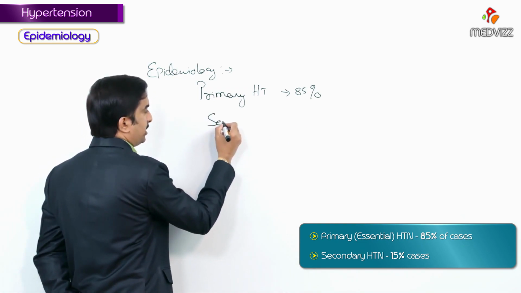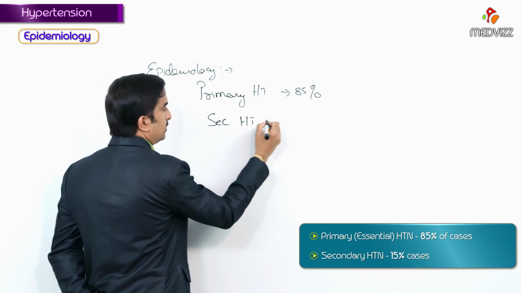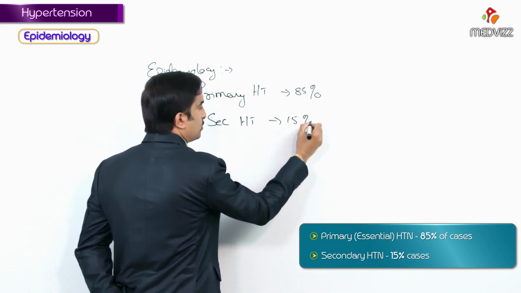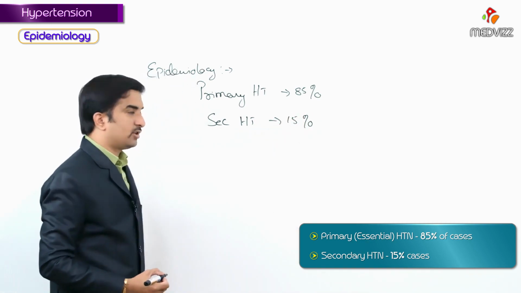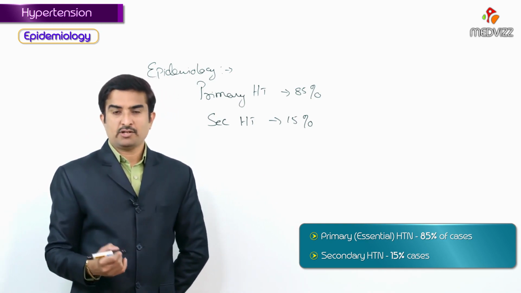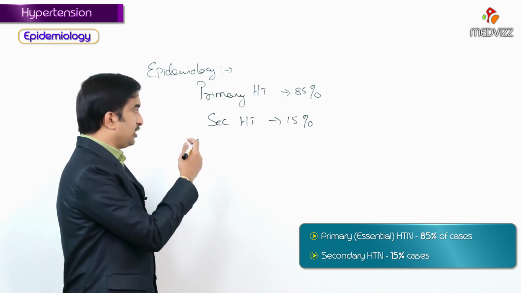So secondary hypertension is 15%. The most common hypertension is the primary hypertension. Previously we used to call it essential hypertension.